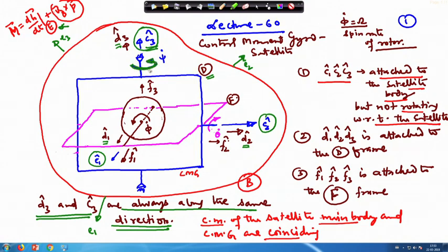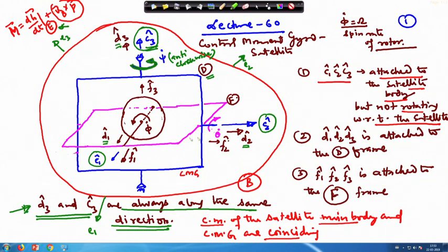It is rotating anti-clockwise. So, these two are always in the same direction. This way we have defined D1, D2, D3.